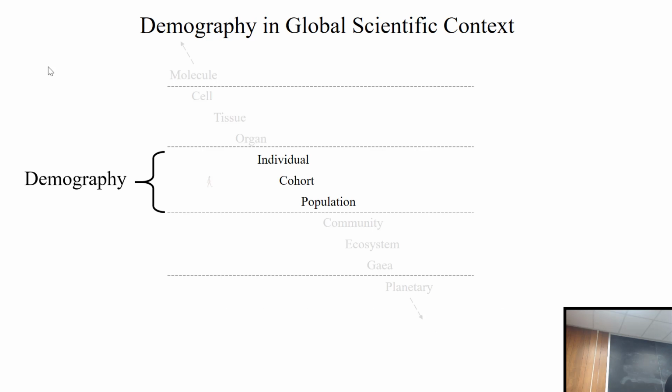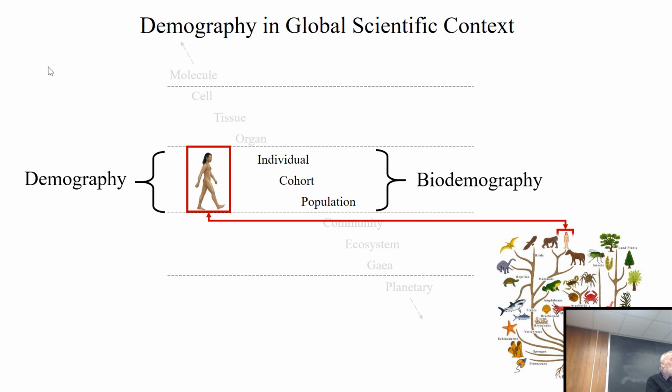If you look at all the layers here from atomic, molecular, all the way down to planetary and beyond, I view demography as what I call skin in, skin out. Skin in is the zoology, biology, and so forth, and skin out would be the individual, outward, and so forth. So that's the domain of demography.